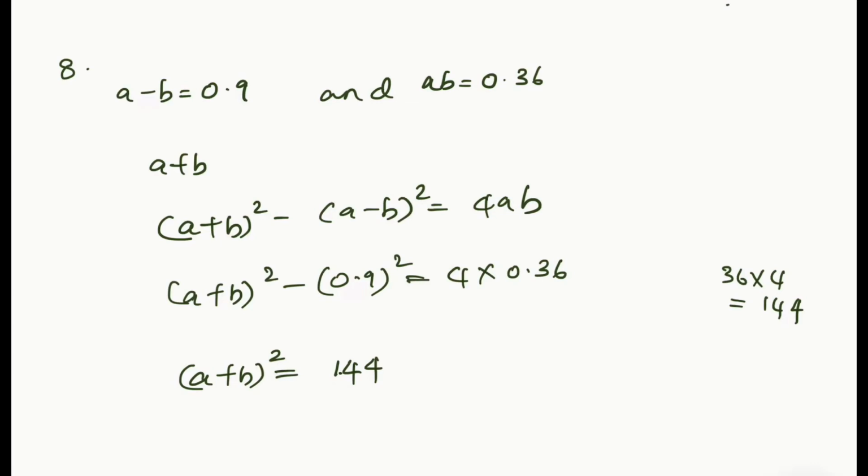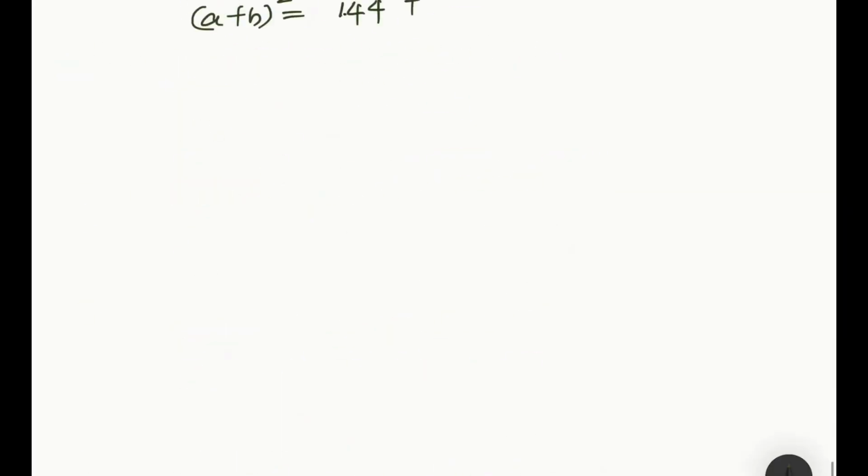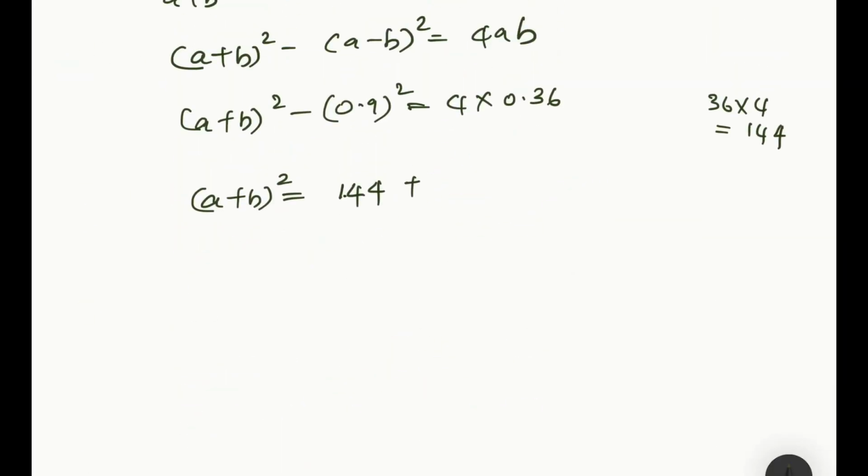You will get it as 1.44 plus 0.9 square. 0.9 square is equal to 0.81.